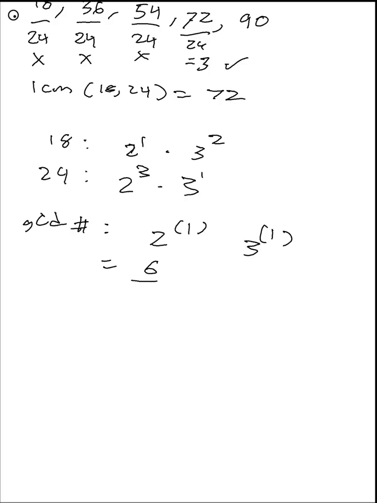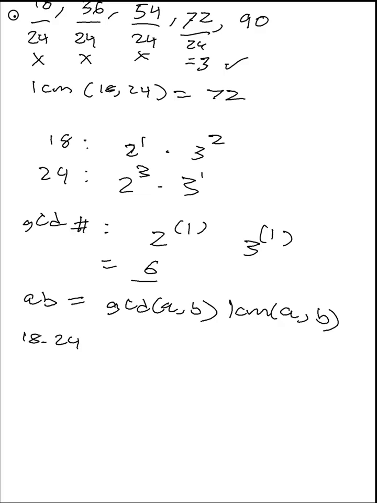Although there's nothing stopping us from doing the same method for LCM, where we choose the bigger one, let's try applying our property we learned earlier, where if you have AB, that's equal to the GCD of AB times the LCM of AB. So A times B, 18 times 24, is equal to 6, which is this, times LCM of AB.